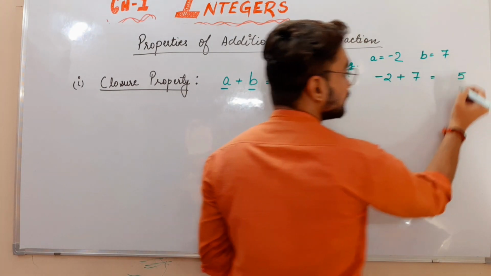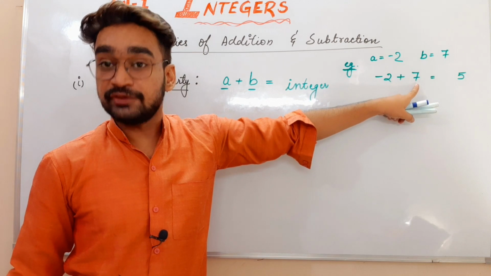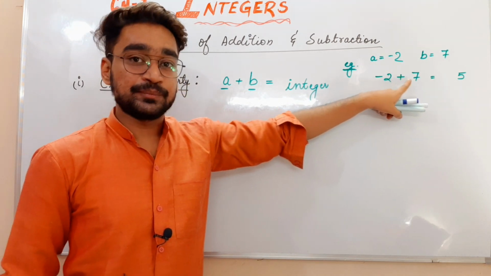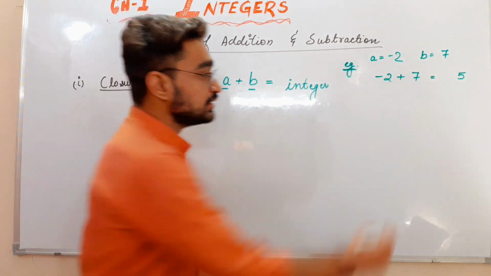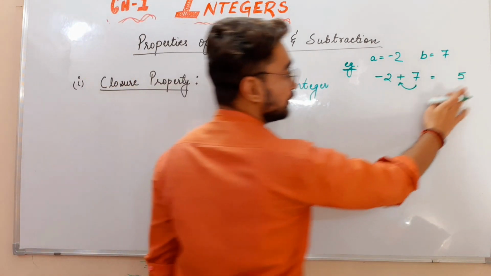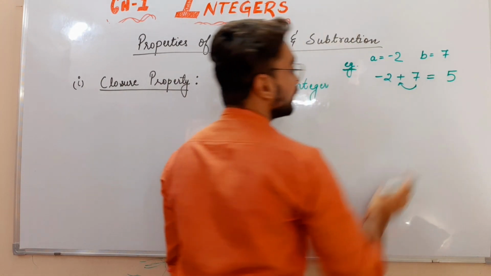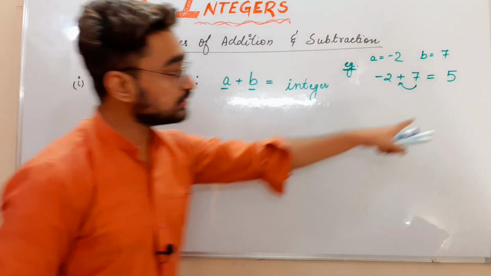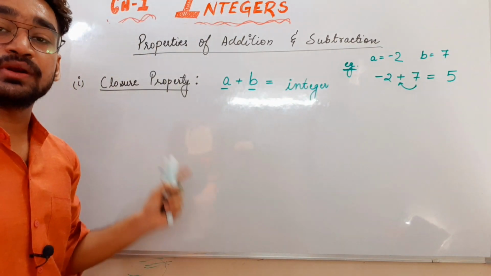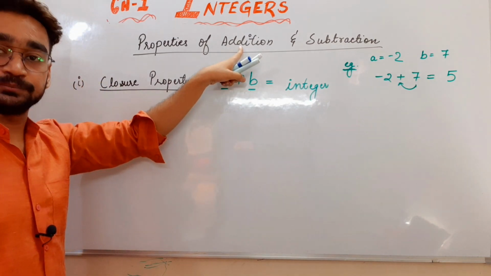Now we have to check the symbol. It will be positive because the bigger number is 7 and the symbol before 7 is plus. So the answer is 5. Is this 5 an integer? Yes, it is. So the closure property is applicable in the case of addition.